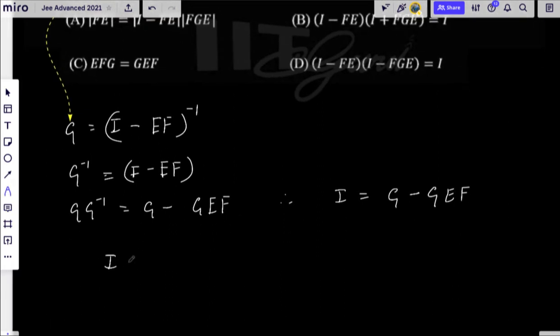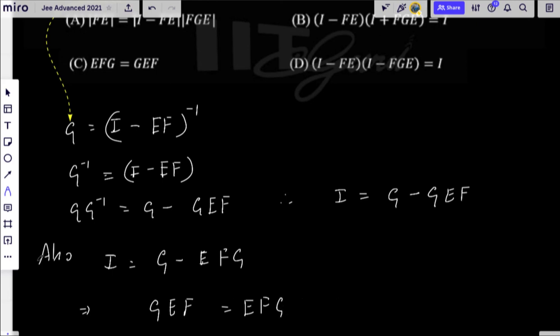I equal to G minus EFG, we can write. Okay, so this implies that GEF is equal to EFG.